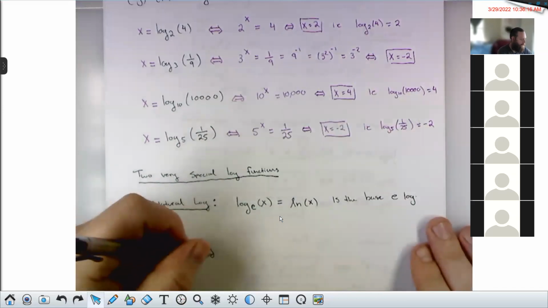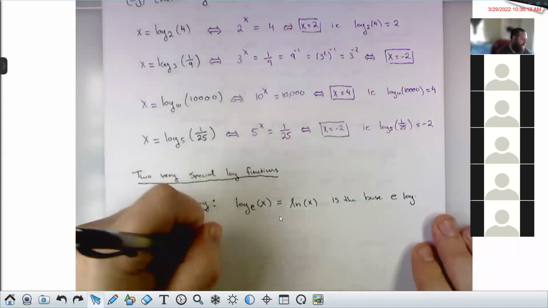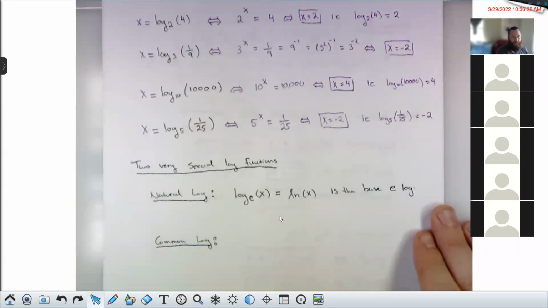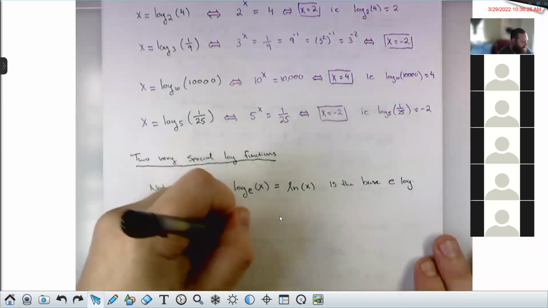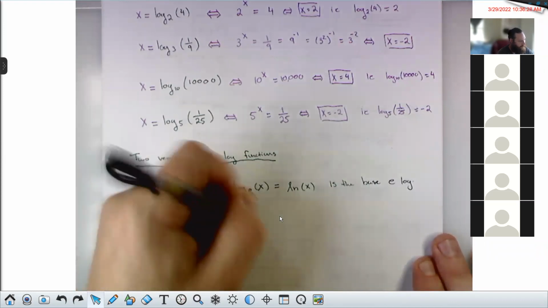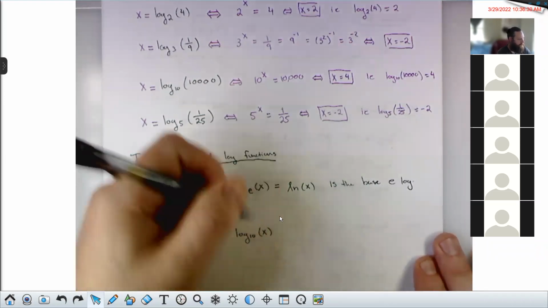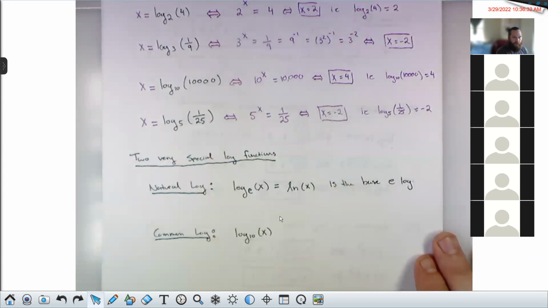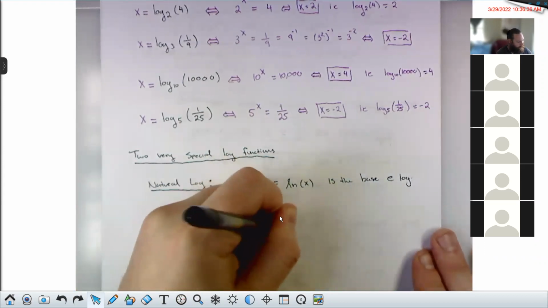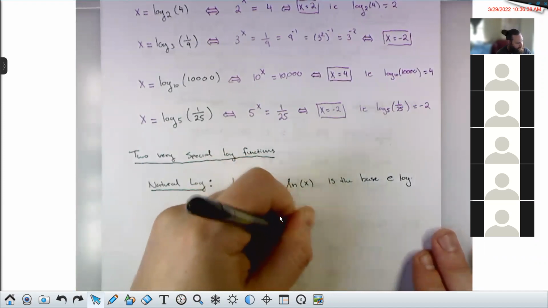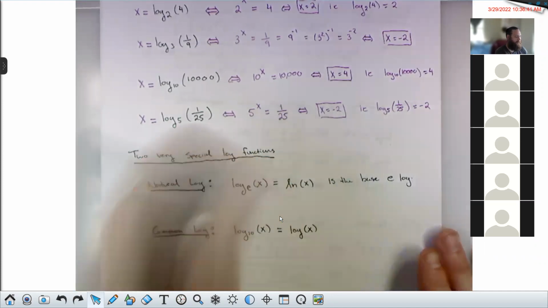The common log used to be a lot more common than it is now, especially back in the day when people had to do calculations with slide rules and whatnot. This is just a special name for the base 10 log. And it gets its own special symbol as well. It can be a little bit misleading because it's just log without any subscript written.